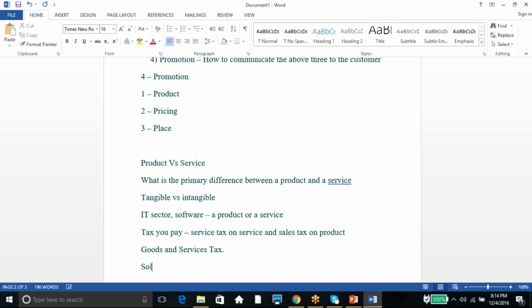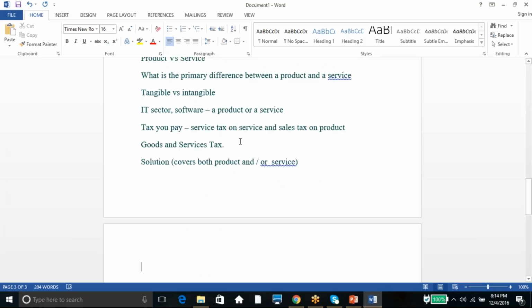So we use the word solution now, which covers both product and or service.